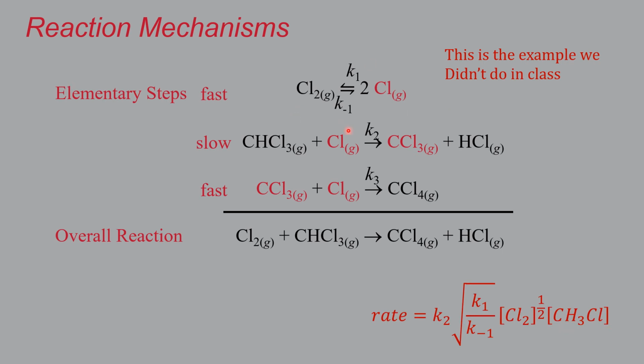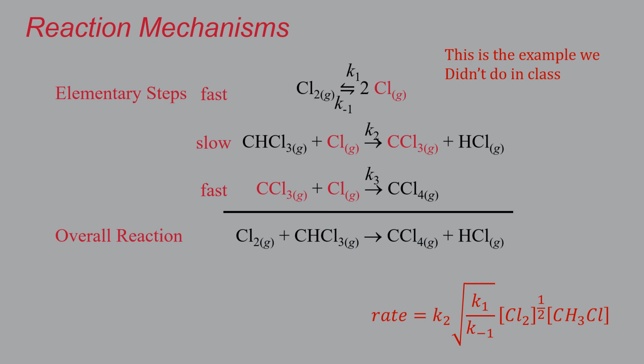The rate overall is going to be equal to K2 times the square root of K1 divided by K negative 1 times chlorine to the 1/2 power and CHCl3 to the first power.